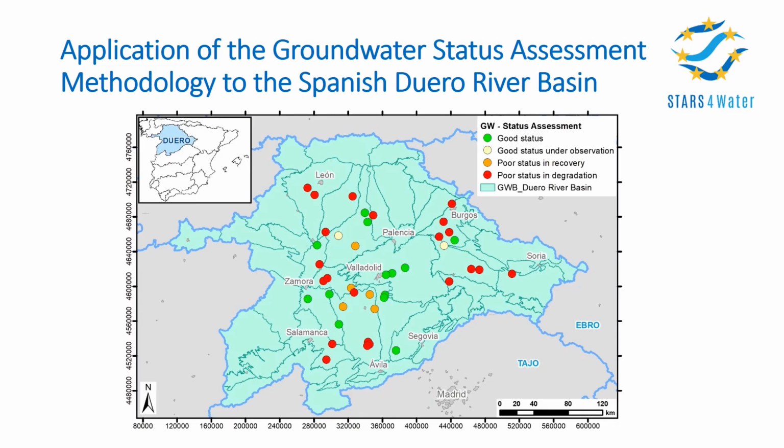The methodology has been applied to 42 monitoring points, specifically those with measurements available from 1990. Of these, 67% have been diagnosed as being in poor status.